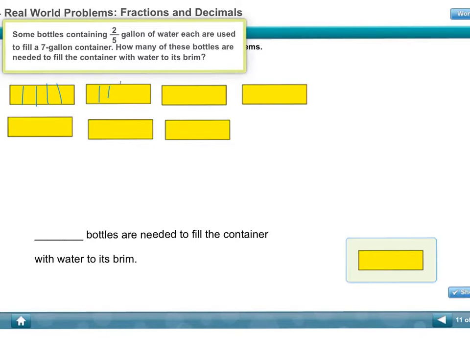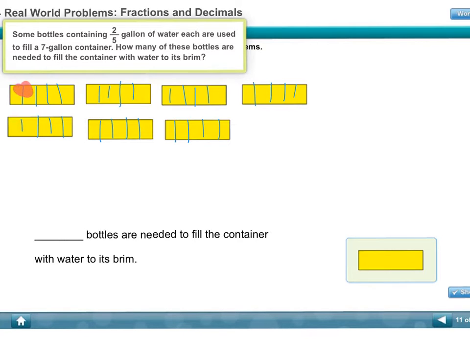I'm going to divide each of them into fifths. And what we want to know now is how many 2/5 does it take to make up the 7 gallons?